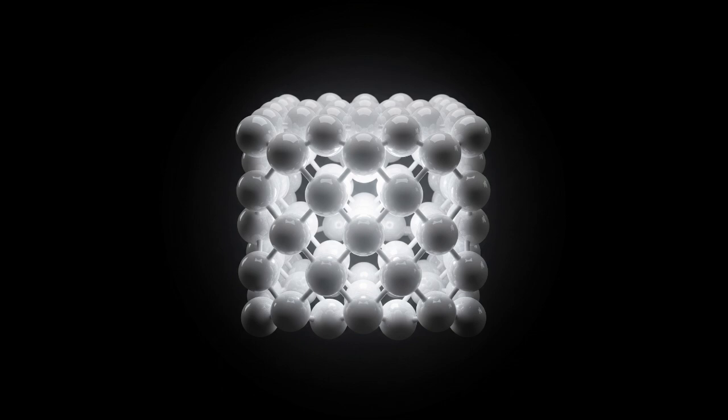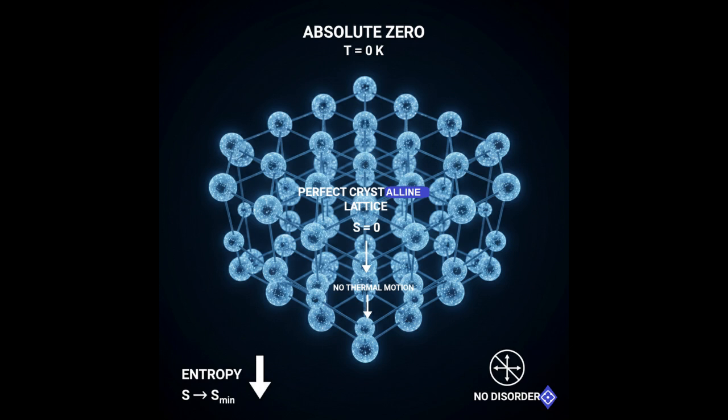Therefore, the disorder, or entropy, is at its absolute minimum, 0. So when all atomic and molecular motion ceases, the entropy is at its absolute minimum.